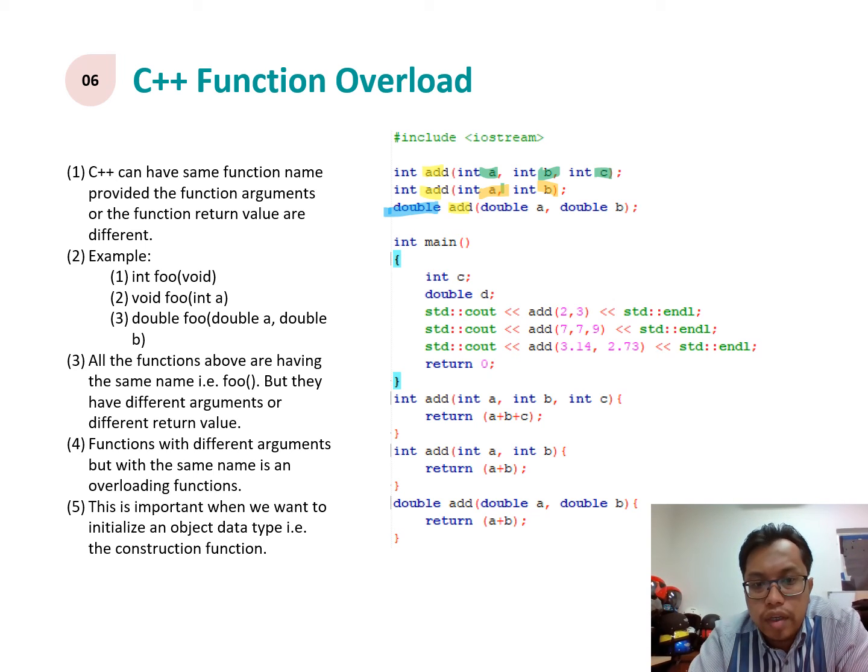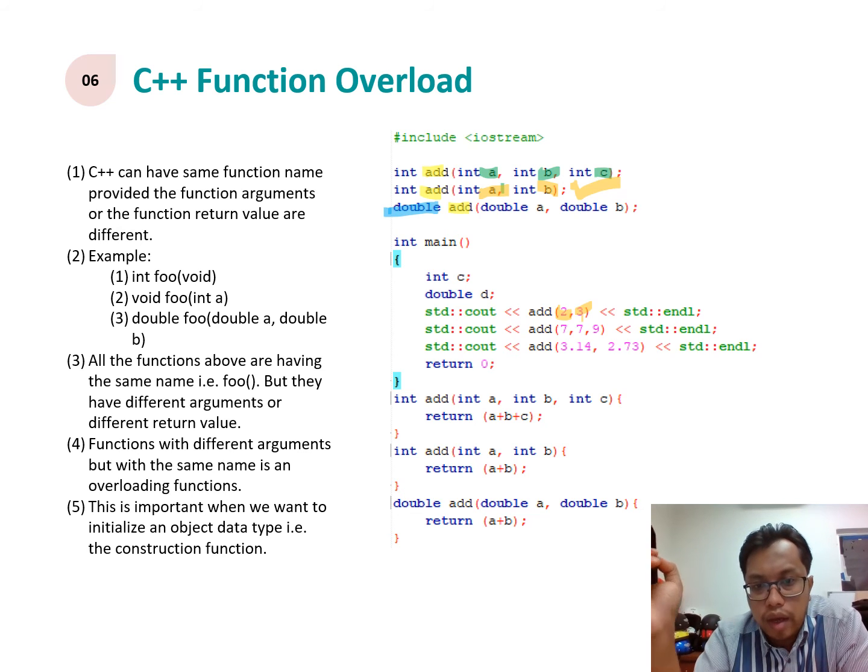For instance, the first function call here gives you two arguments, two variables, 2 and 3, and the compiler will now try to match within these three functions that have the same name which one fits this call. Since there are two variables, definitely it will call this function.